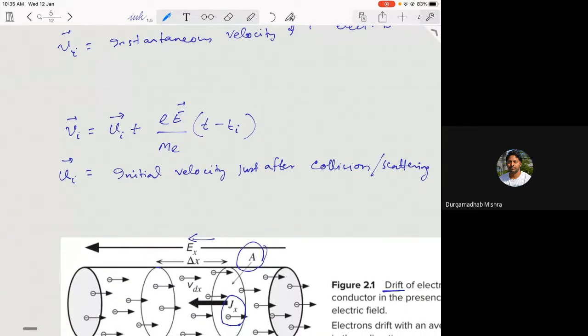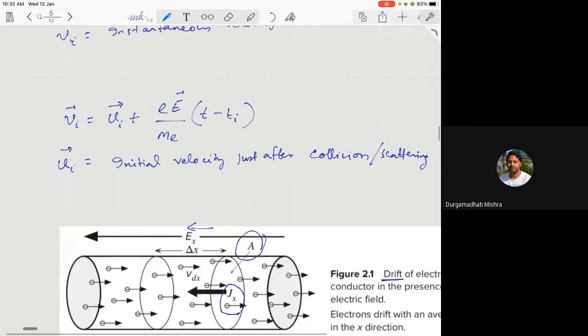On top of that, the electron will immediately experience the electric field as well, because we have applied a voltage. The force on the electron is e into E, and the acceleration will be eE by m. That is the acceleration of the electron due to the electric field.